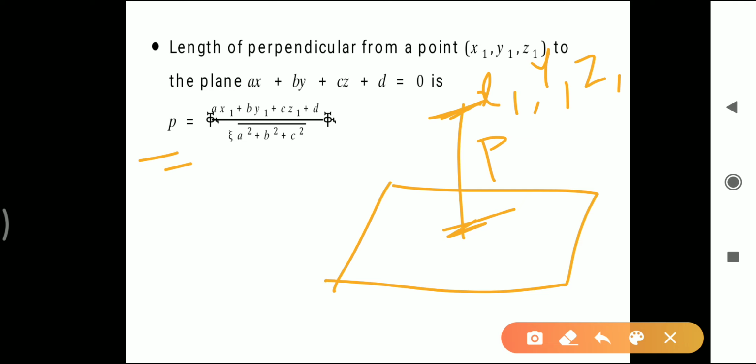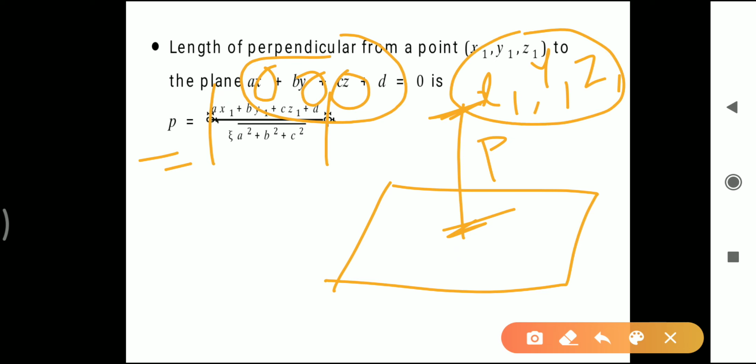So p is the mod of ax1 plus by1 plus cz1 plus d upon under root a square plus b square plus c square. Simply, while finding the length, whatever is the equation of the plane, replace x, y and z by the point x1, y1 and z1.